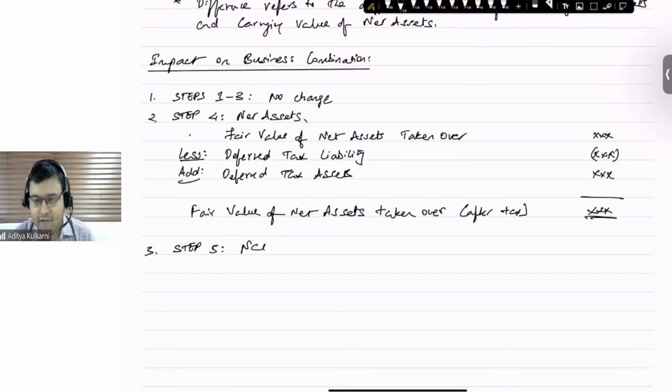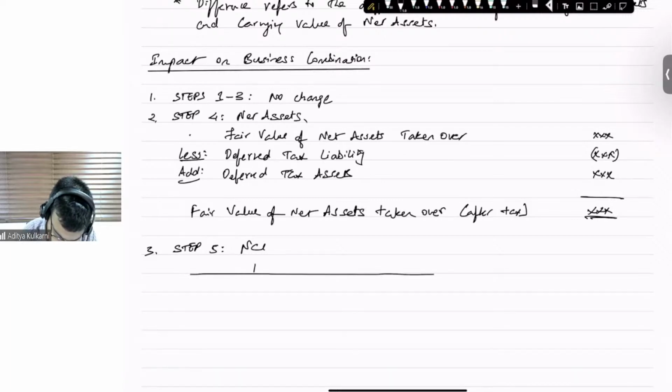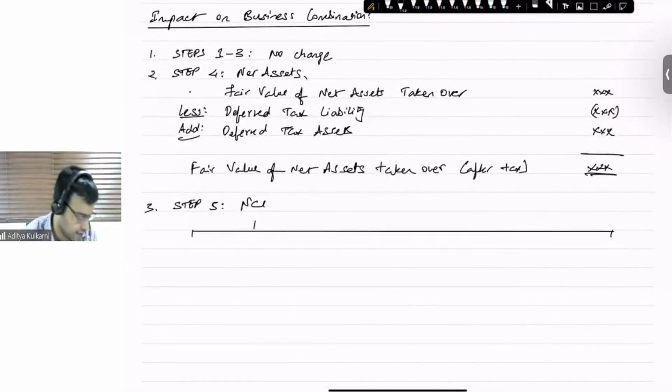If NCI is at fair value, it is based on market price. What does market price have to do with this? Nothing. So if NCI is at fair value, that won't change.